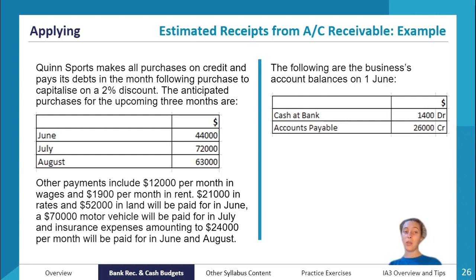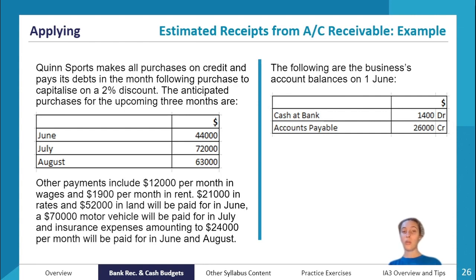The anticipated purchases for the upcoming 3 months, we've got the figures for each of those same 3 months again. Then we've got a range of other expenses as well. $12,000 per month in wages, $1,900 per month in rent, $21,000 in rates, and $52,000 in land will be paid for in June.